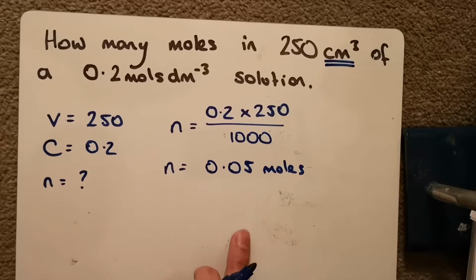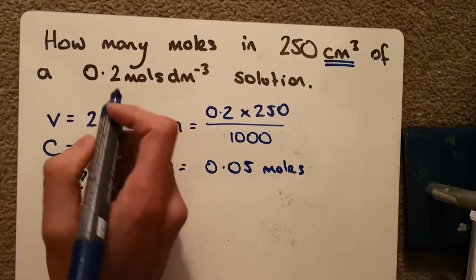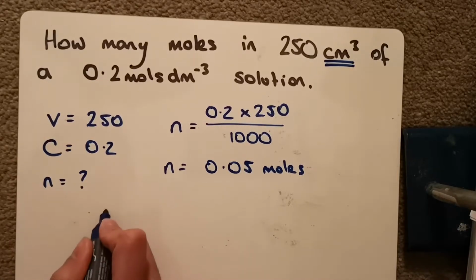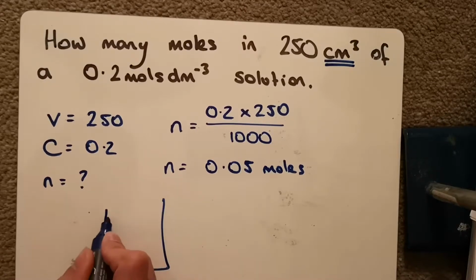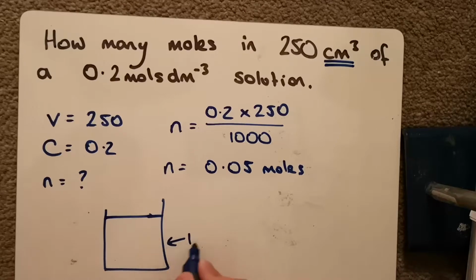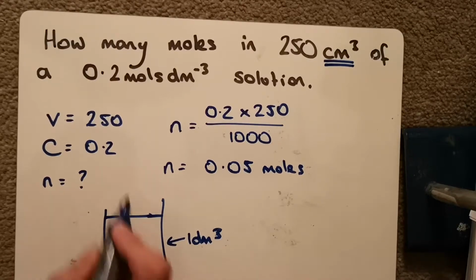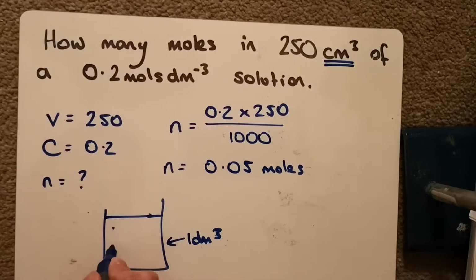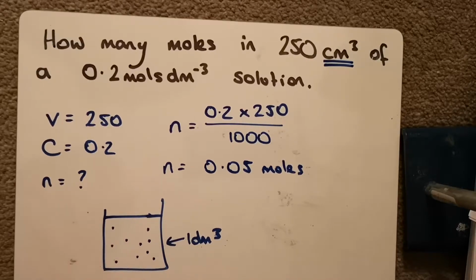If we just have a look at what that means, we'll look at the concentration here. If I took 1 decimeter cubed of this solution, this concentration means that if I was to add up all the particles in that 1 decimeter cubed, I would have 0.2 moles dissolved in it.